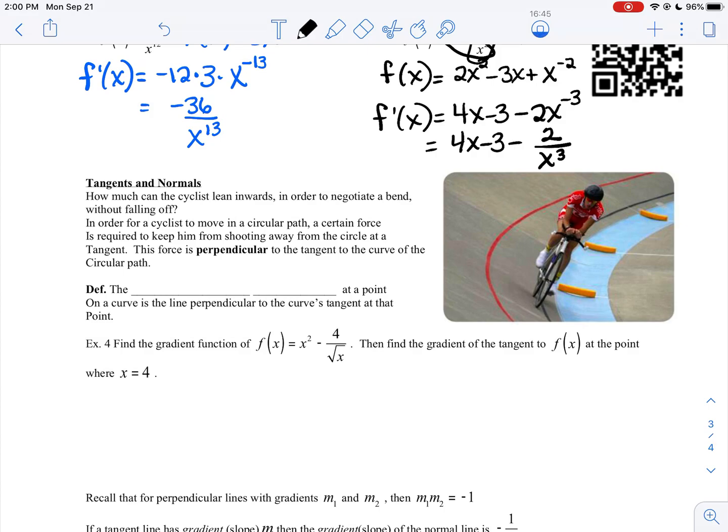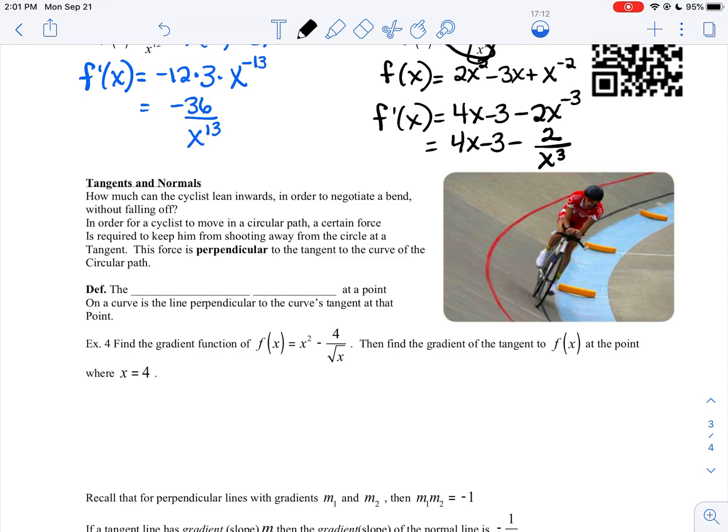Okay, so how much can the cyclist on the right lean inwards in order to negotiate a bend without falling off? In order for a cyclist to move in a circular path, a certain force is required to keep him from shooting away from the circle at a tangent. This force is perpendicular to the tangent, to the curve of the circular path.